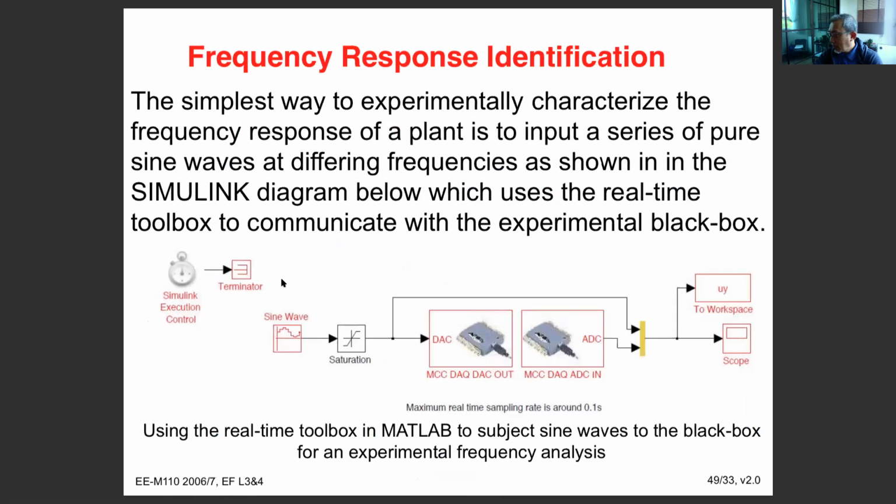So the second part of it is the frequency response identification. The frequency response identification is the simplest way, where you experiment on the plant using an input series of pure sine waves. You can do it by experiment, but it takes a lot of time, 2 to 3 hours, or simply you can use the Simulink block diagram, as I show here.